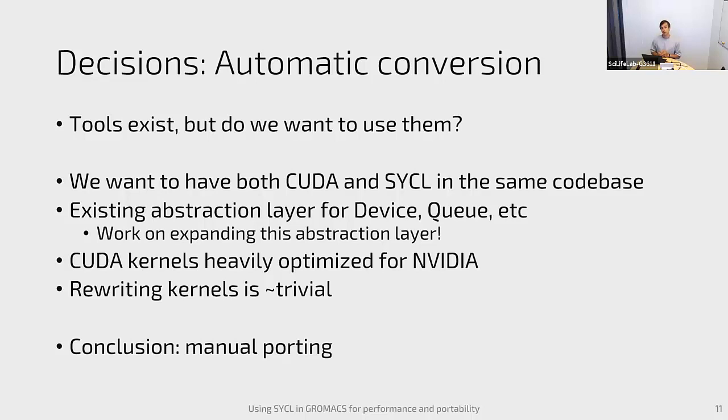And besides, our CUDA kernels were already heavily optimized for NVIDIA, and porting those optimizations to AMD or Intel didn't really make any sense. And the most effort was actually in making this abstraction layer nice and clean. Rewriting kernels is busy work, but usually not that time-consuming compared to actual architectural decisions. So we didn't use any of the automatic conversion tools.